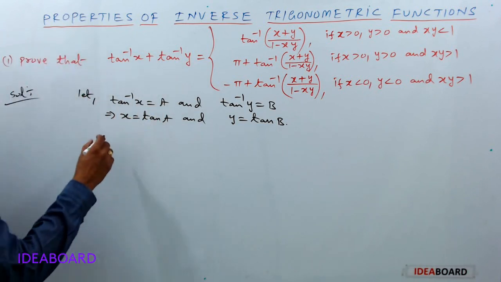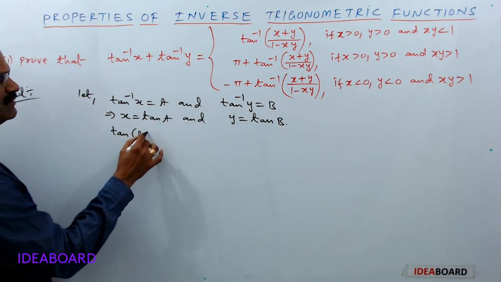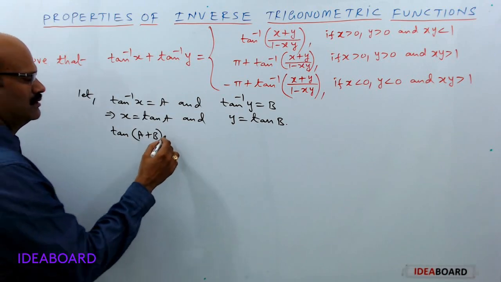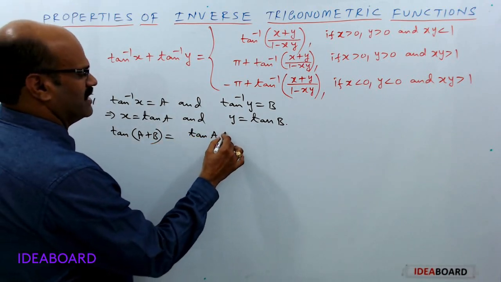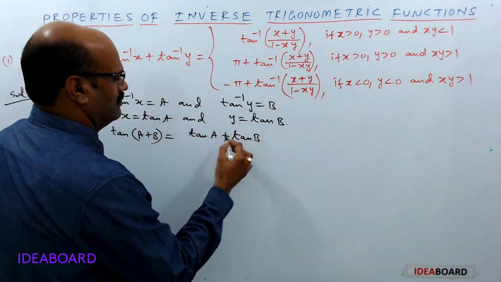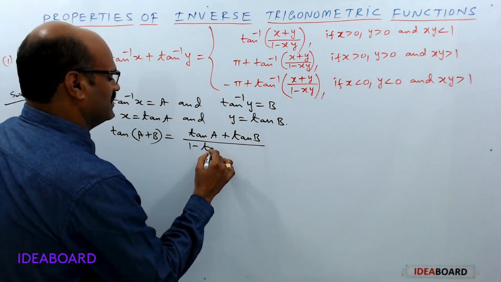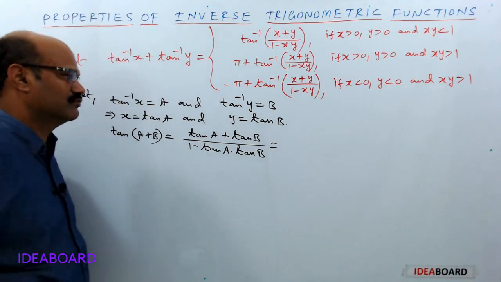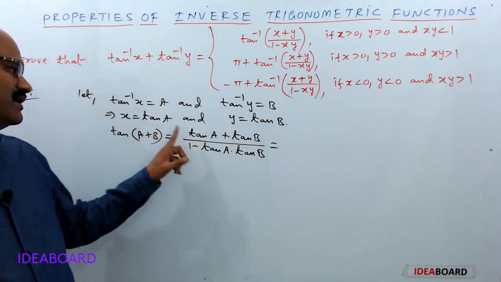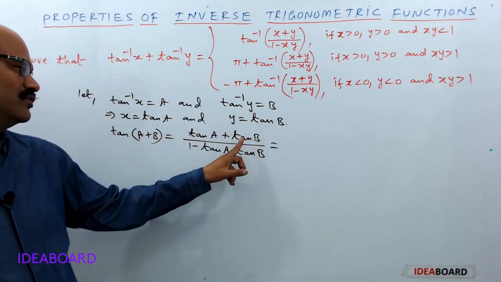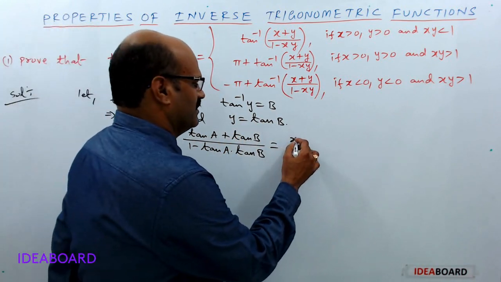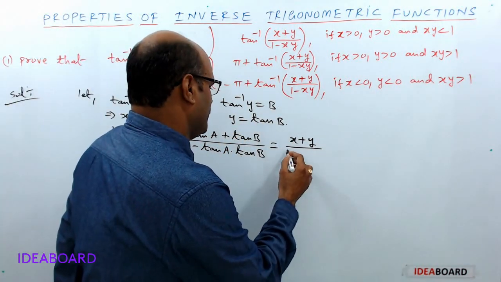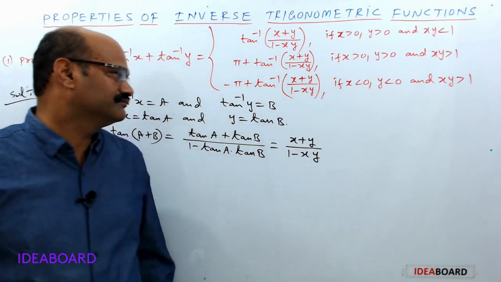From this we can write tan of (A plus B) equal to (tan A plus tan B) by (1 minus tan A into tan B), and since tan A equals x and tan B equals y, this is (x plus y) by (1 minus x into y).